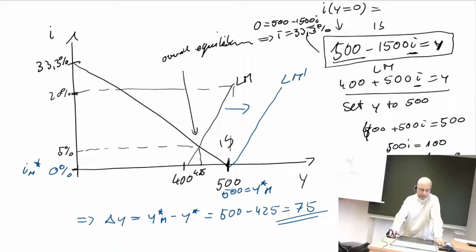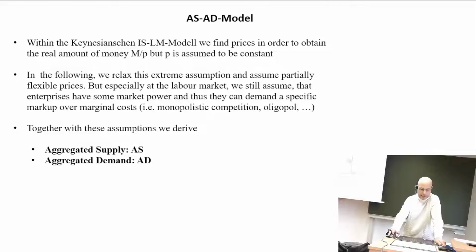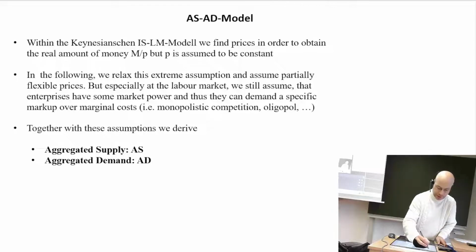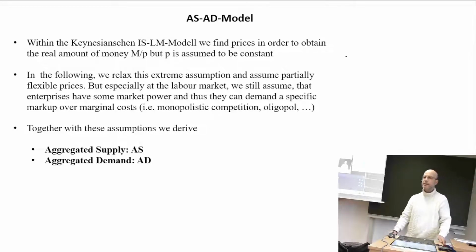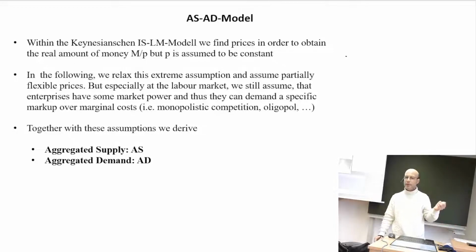Okay, then we are ready with our ISLM model, and now we want to relax the next assumption which we made in the ISLM curve. Remember, from the pure Keynesian commodity market, there we had fixed prices and only the commodity market.